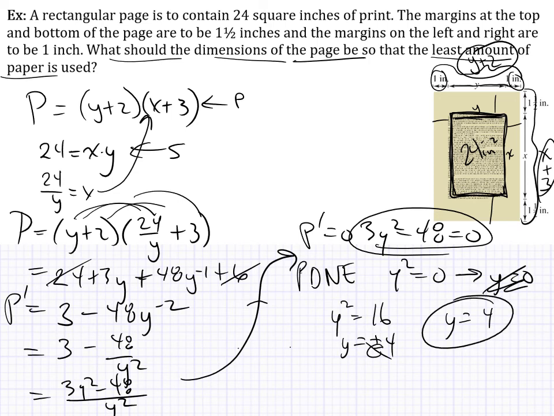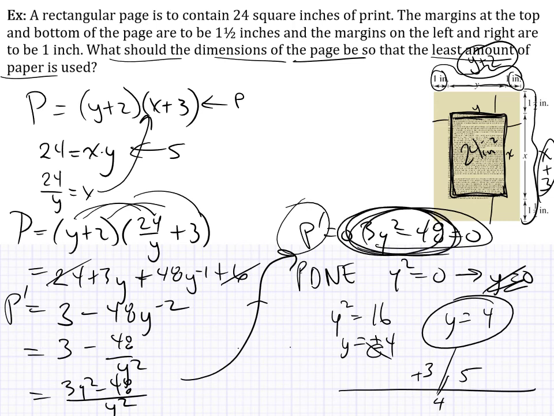So looking at y equals 4, if that results in what we want, which is a minimum, then we're good. That's our answer. We can do that using the first or second derivative test. I'll use the first derivative test since we've been doing the second derivative test for a lot of these. We got 4. We're looking at the first derivative. I'll plug in 3 and 5 into this derivative. Okay?